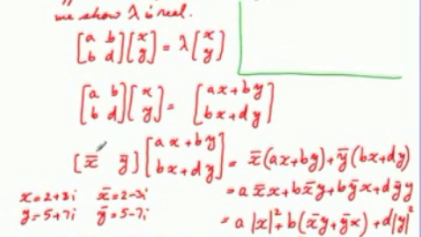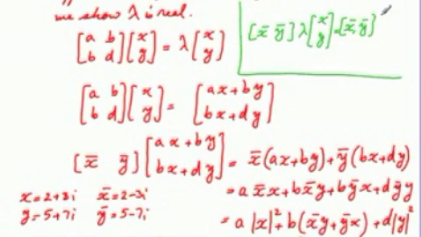I took x bar, y bar and multiplied by that, but that is supposed to be the same as this. So what is this thing? This is x bar, y bar, and that is lambda x, lambda y.